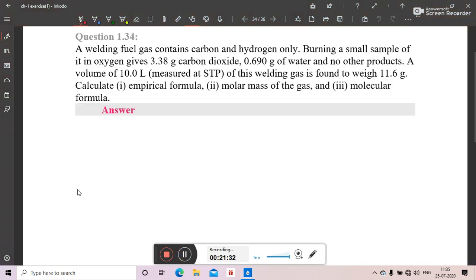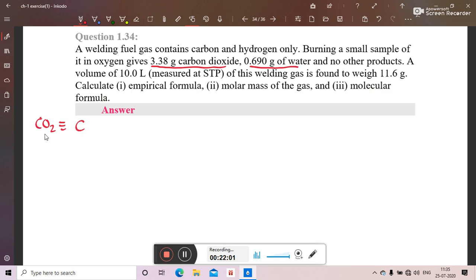Now question 34, which is very important from the examination point of view. A welding fuel gas contains carbon and hydrogen only. Burning a small sample of it in oxygen gives 3.38 gram carbon dioxide and 0.690 gram of water and no other products. So here we will see that 1 mole of carbon dioxide is equivalent to 1 mole of carbon.